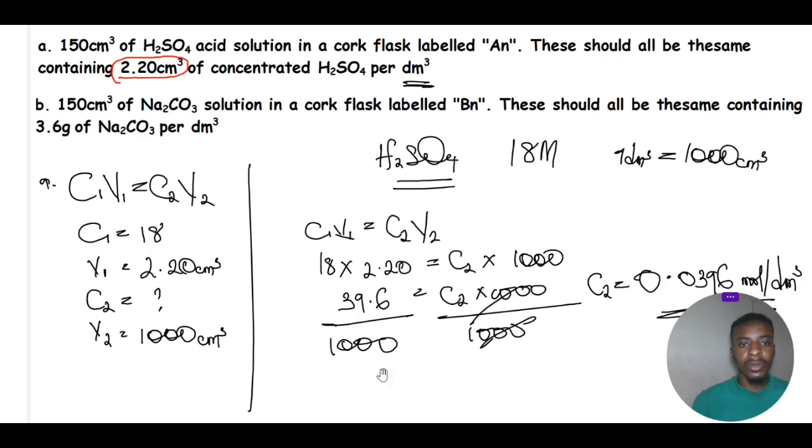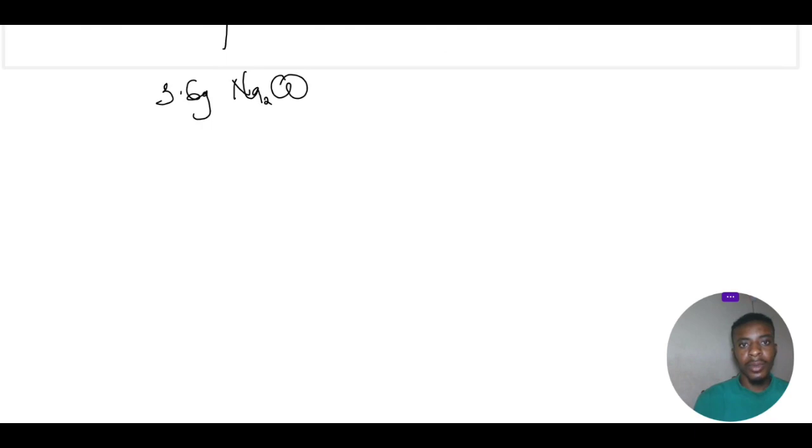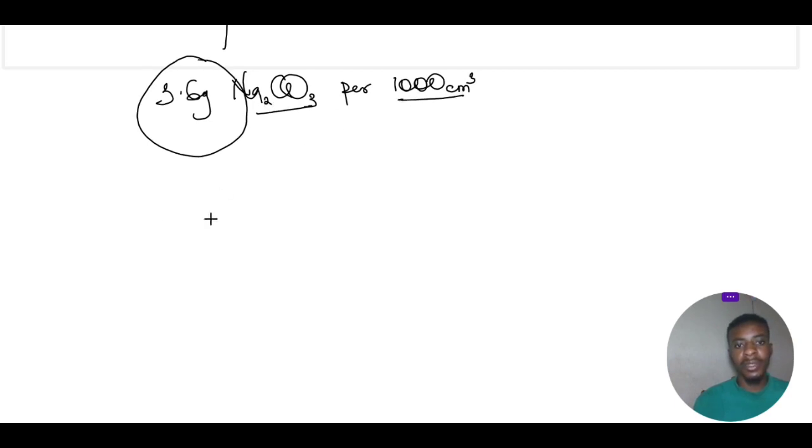What becomes the concentration of the solution? It is a very simple thing to calculate, with 3.6 grams of sodium carbonate in 1000 cm³.